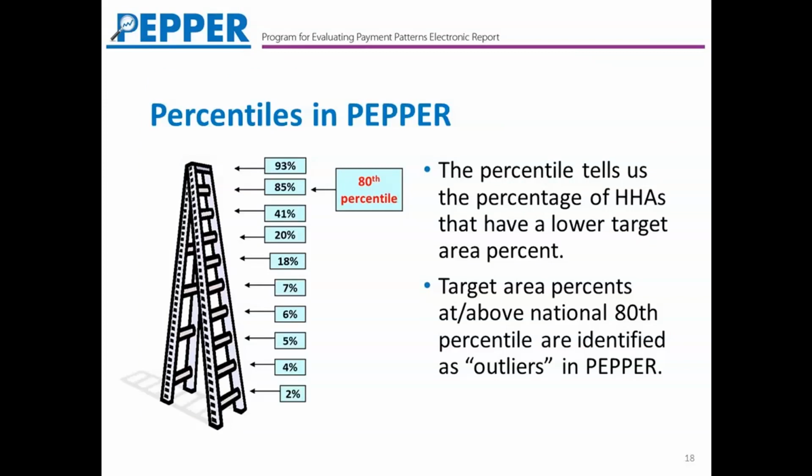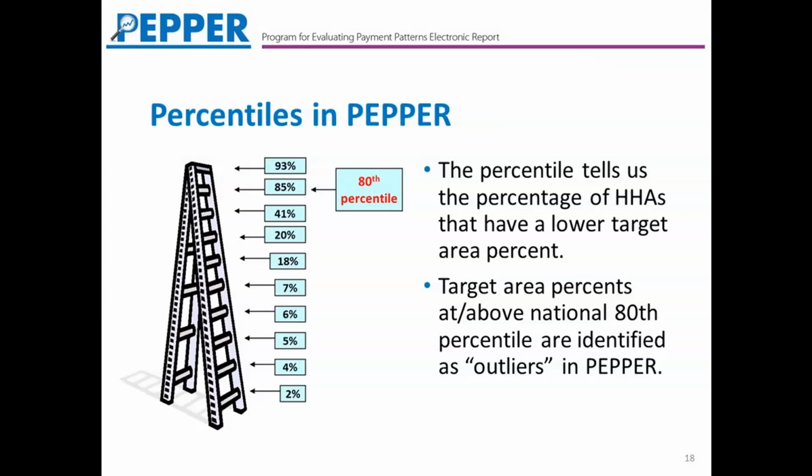The first step our team takes when we calculate your HHA percentile is to take all of these target area percents for a target area and a time period. We take the target area percents for all of the home health agencies in the nation, and we identify the point below which 80% of those home health agencies fall.